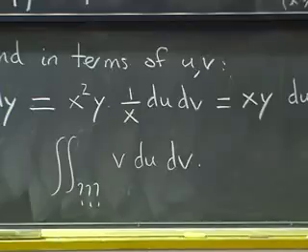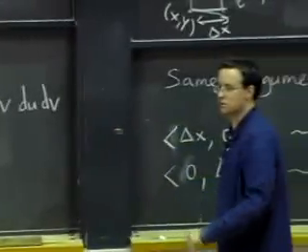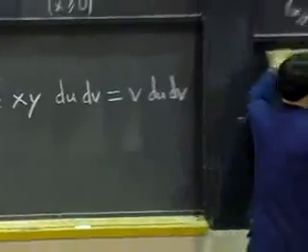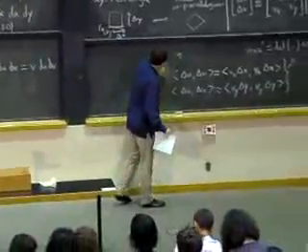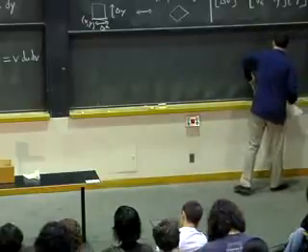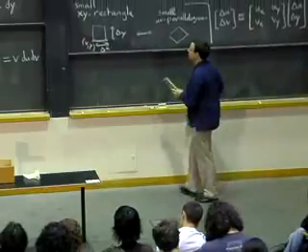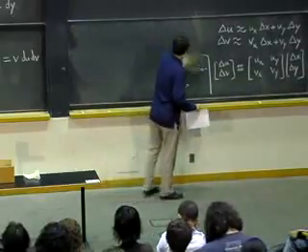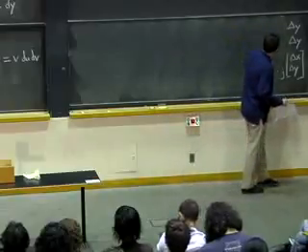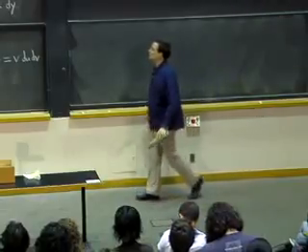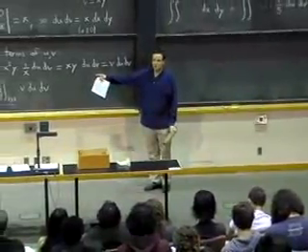Now, last but not least, we'll have to find what are the bounds for u and v in the new integral, so that we know how to evaluate this. In fact, we could do it du dv or dv du.